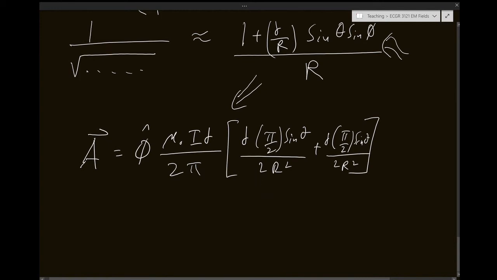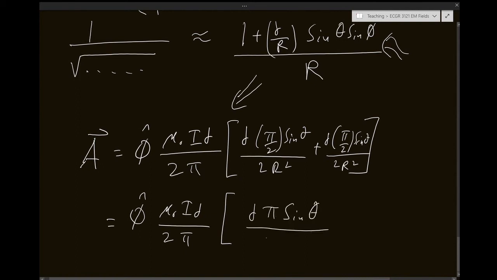So I end up with, let me write this. This is going to be phi hat mu naught I d over 2 pi times d pi sine theta over 2r squared.